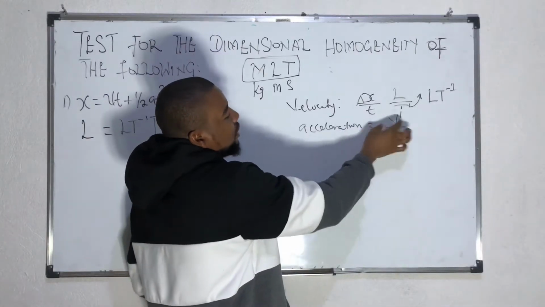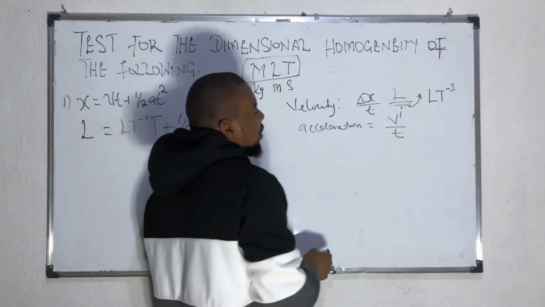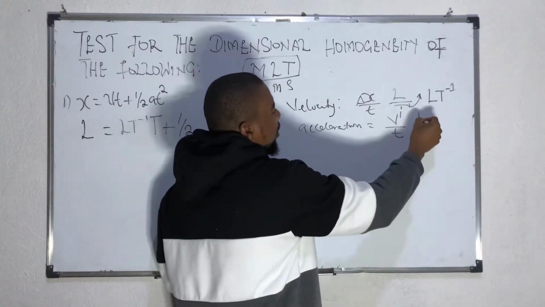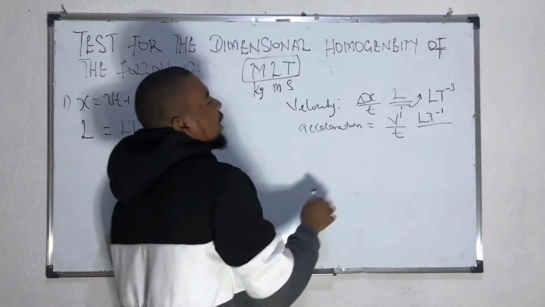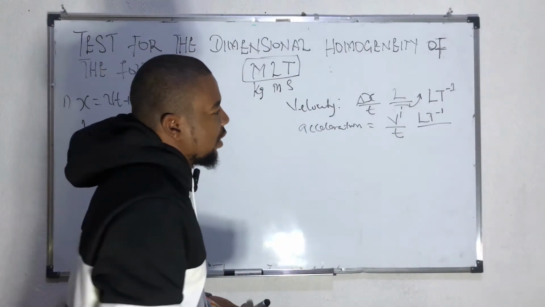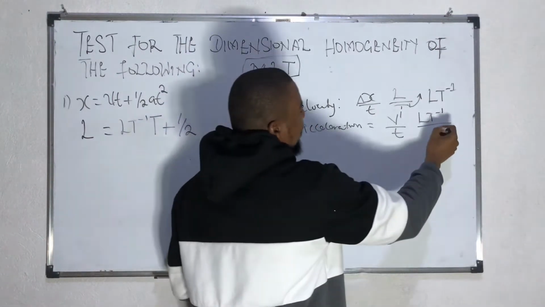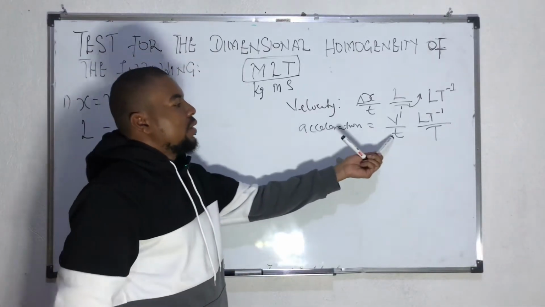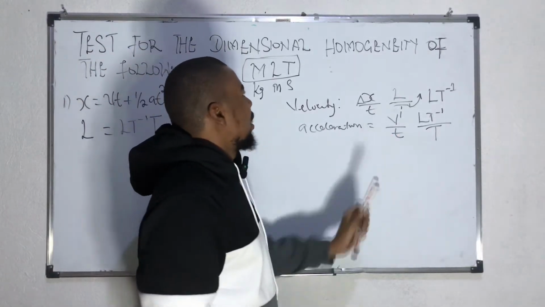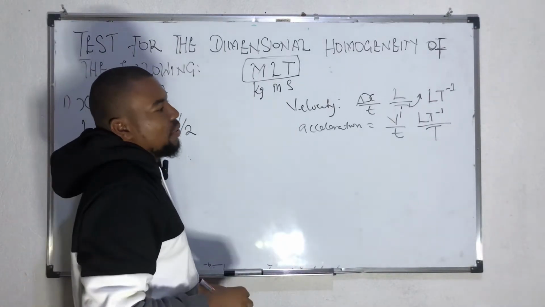Instead of starting to get the definition for velocity, we simply replace the V we have here with L T to the power negative 1 over T. Now, the dimension for time is T, while the unit is seconds. Remember the difference between dimensions and units.